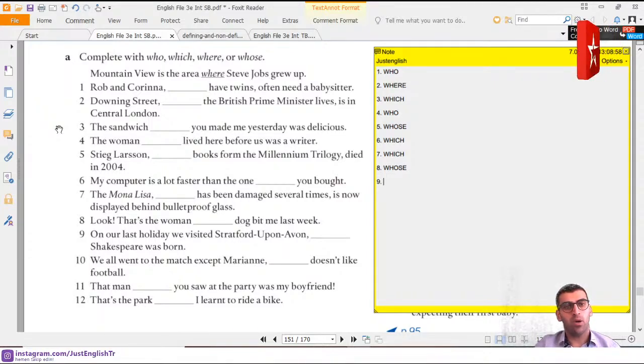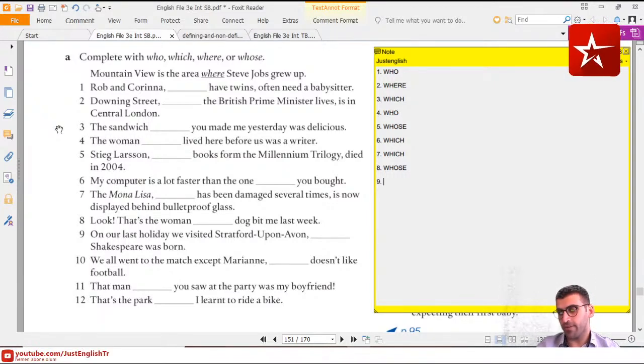All right, number 9. On our last holiday, we visited Stratford upon Avon, where Shakespeare was born. So number 9. Ceyda, Gülsafa, Sıla, and Kadir say the correct answer is where.